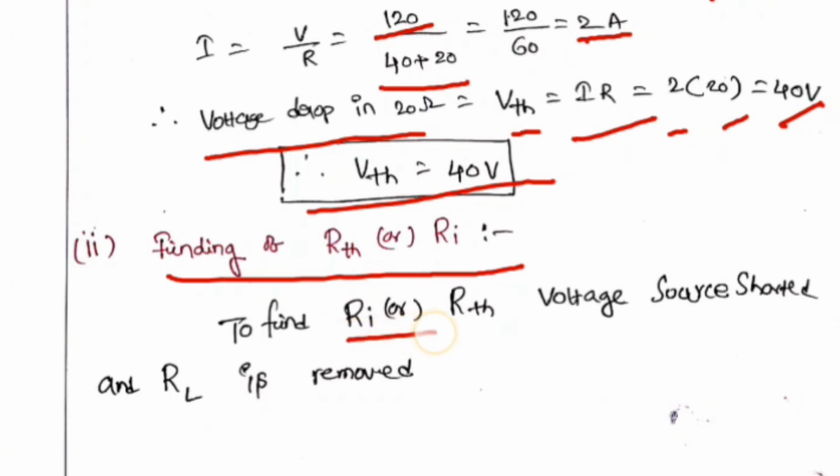To find Ri or RTh, the voltage source will be short circuited. If the voltage source has any internal resistance, then we must short it with that internal resistance. And RL is removed. Just as we did for Thevenin's resistance in Thevenin's theorem, we do the same way to find Ri or RTh.